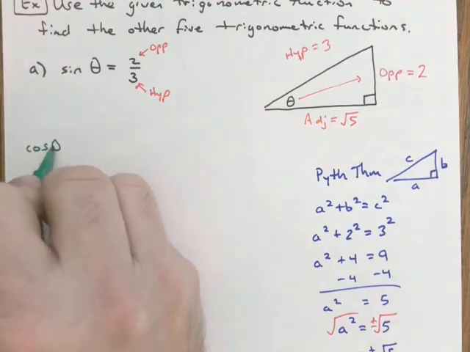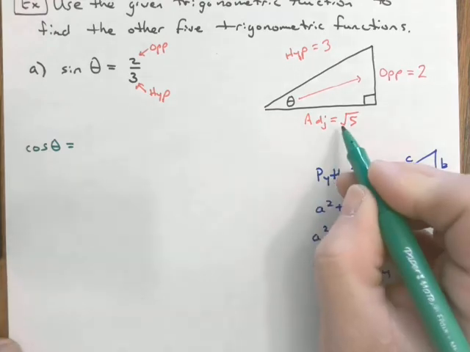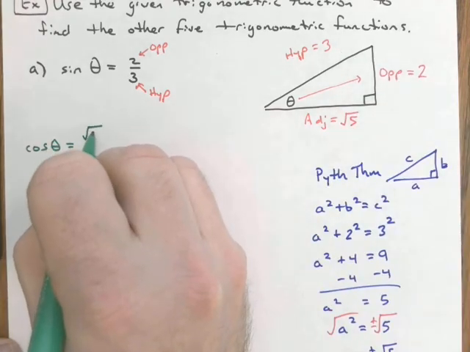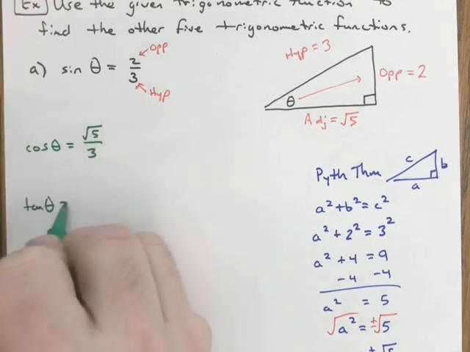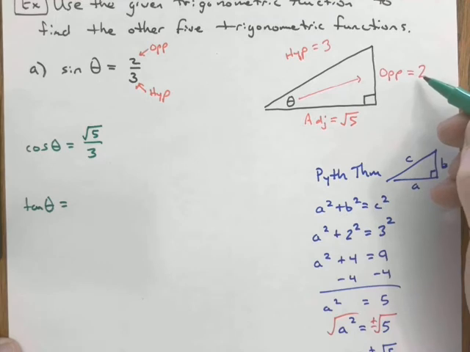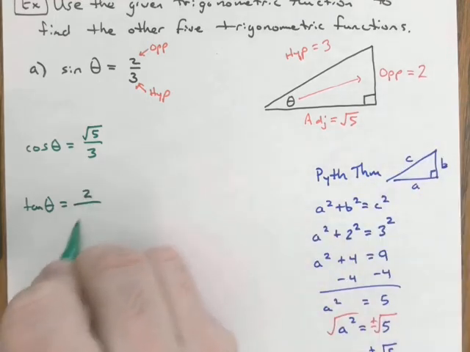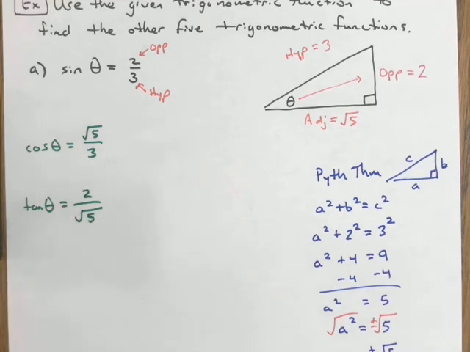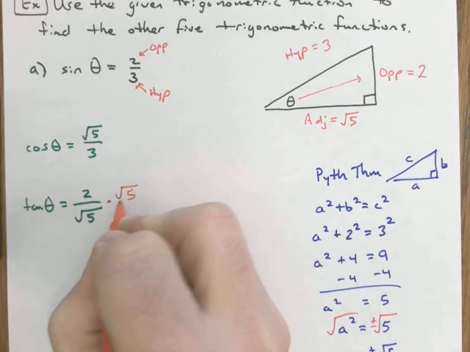So cosine of theta, we already have sine, that's done, so I'm moving to cosine. Cosine is adjacent over hypotenuse. That fraction is simplified as much as it can be. The tangent of our angle theta, that's opposite over adjacent. That is a square root on the bottom, so I do need to rationalize that.